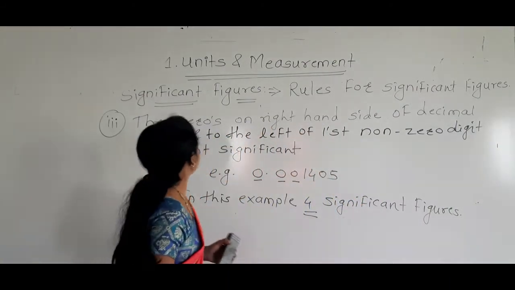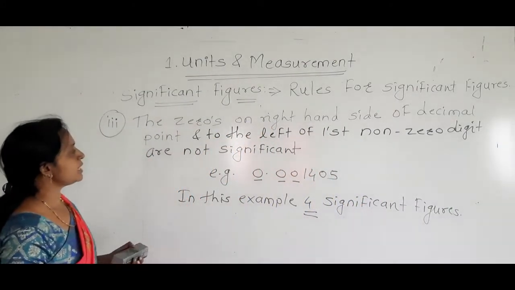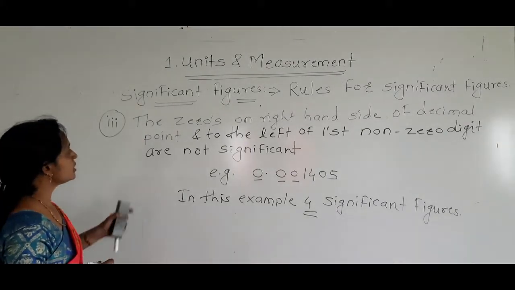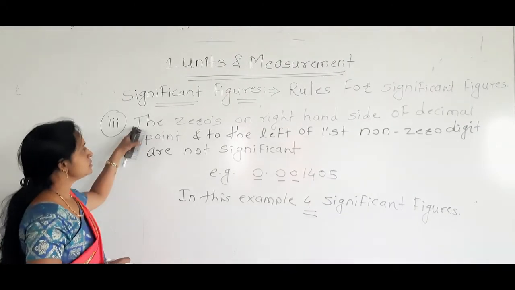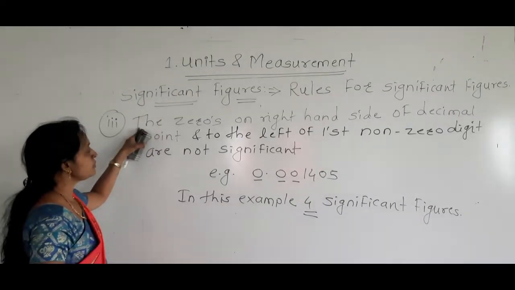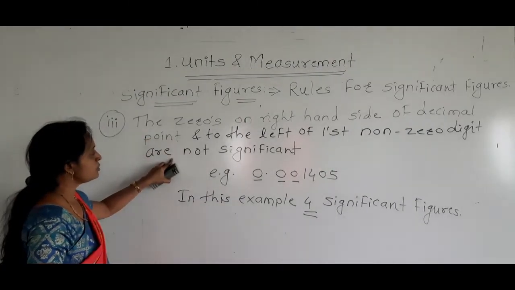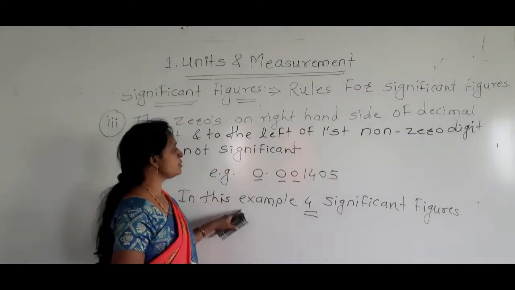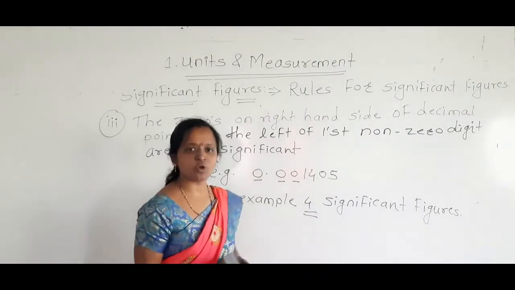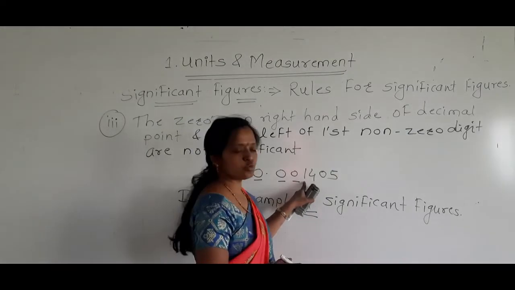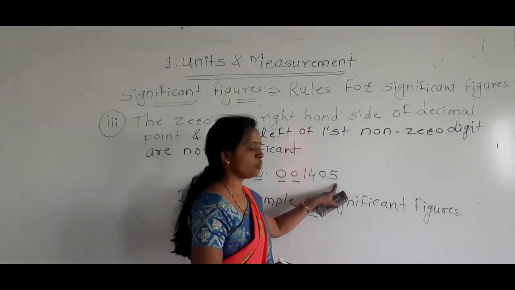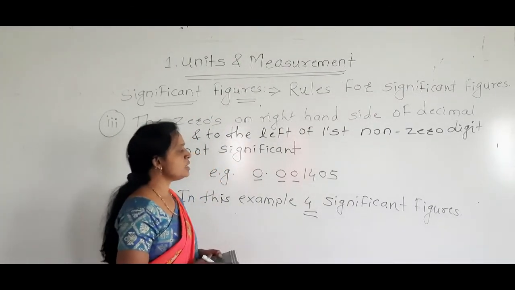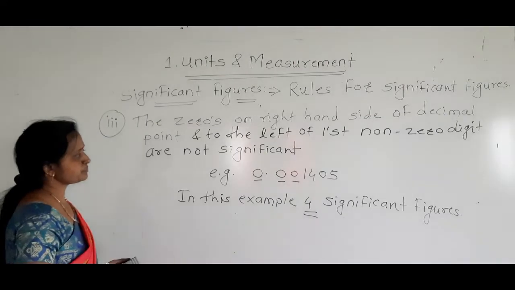What is this rule? The zeros on the right hand side of the decimal point and to the left of the first non-zero digit are not significant. This is the third rule for significant figures. Therefore, we have to count the remaining digits, that is 1, 2, 3, 4. Therefore, in this example, there are 4 significant figures.